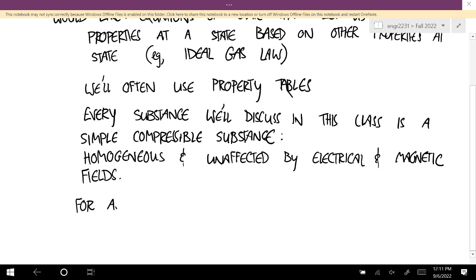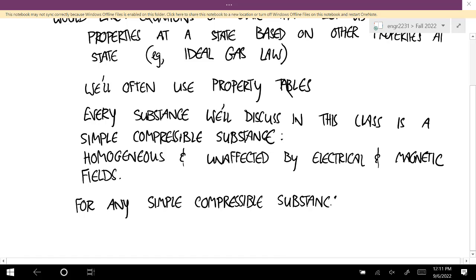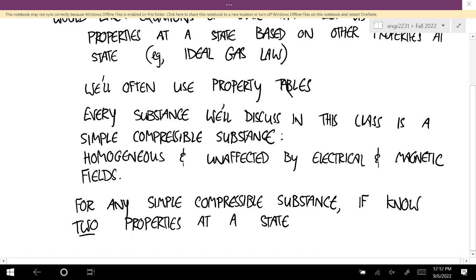For any simple compressible substance, if you know two properties at a state, that's enough to specify the whole state.